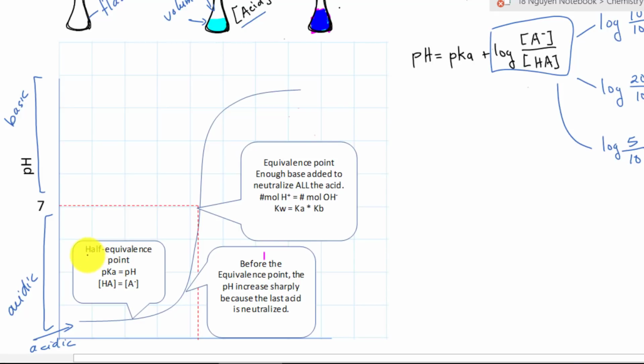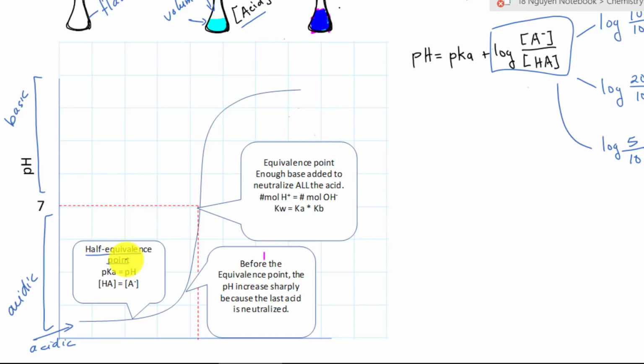This is known as the half equivalent point. Think of the term half. What are we titrating? When we talk about half, we talk about half of the acidic solution in terms of concentration.